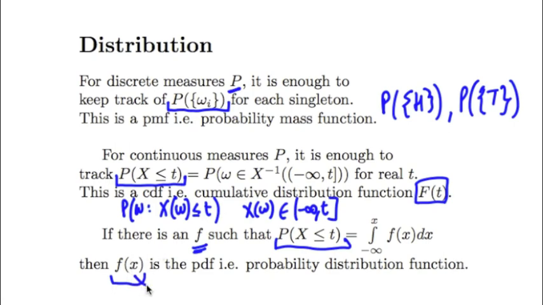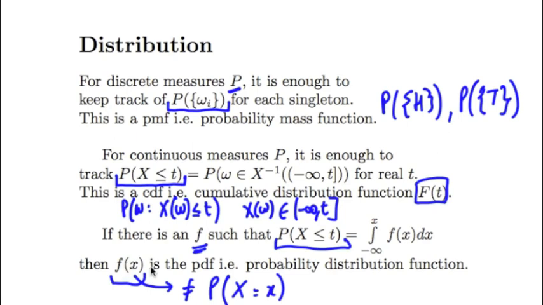And it's important to remember that f of x is not the probability that X is equal to x. In fact, for a continuous random variable, the probability that capital X is equal to any particular value is always 0. And so you should never interpret the PDF as telling you the probability of getting that particular value.